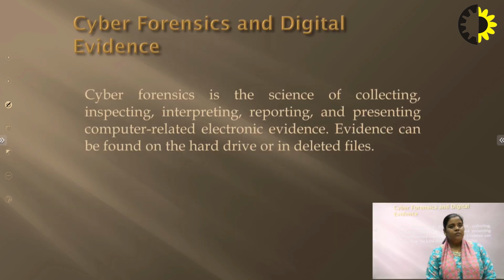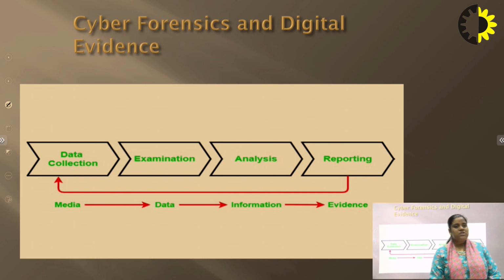First of all, we will discuss how we can collect data or digital evidences in cyber forensics. For that, a particular pattern or approach exists. By following it one by one, we can collect our evidences.